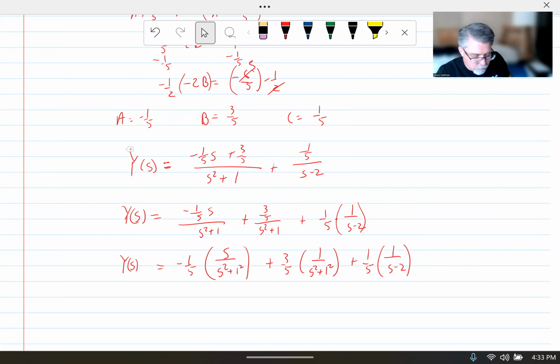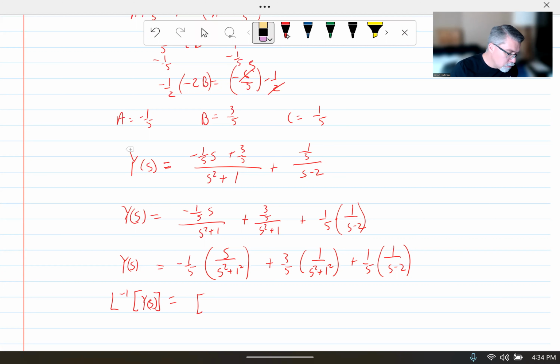Well, the inverse Laplace transform of that is the inverse Laplace transform of each of these three. And they do correspond nicely to sines and cosines and exponentials.